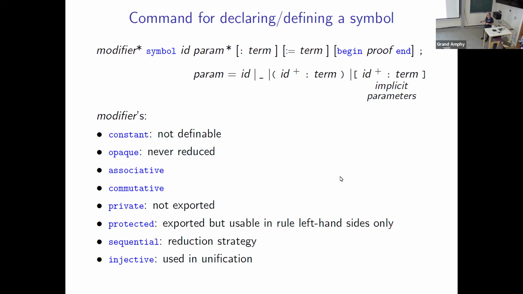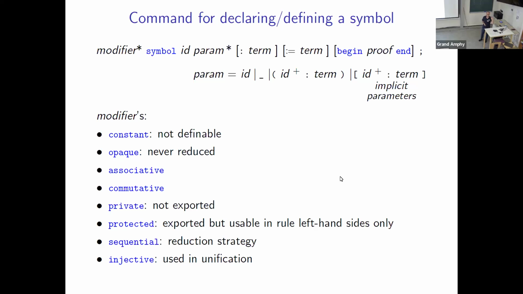It's also possible to declare, and I'm not going to speak too much about this, some symbol as associative and commutative. It's very useful to represent, for instance, arithmetic, or to encode universes in Lambdapi.